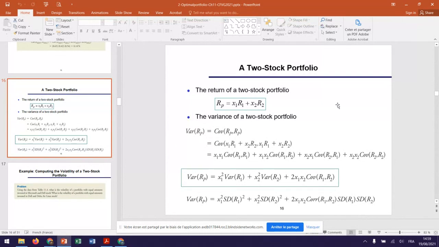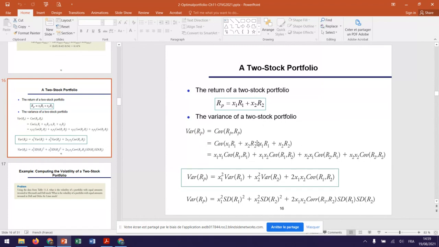So if I take the variance of RP, it should be equal to the covariance of RP with itself. This is the property of the covariance, the definition of the variance. So if I substitute RP, which is equal to X1R1 plus X2R2, and take X1 out, I get X1 covariance R1 plus X1X2 covariance R1R2, plus X2 covariance R2, and so on. This is just a simple mathematical proof.